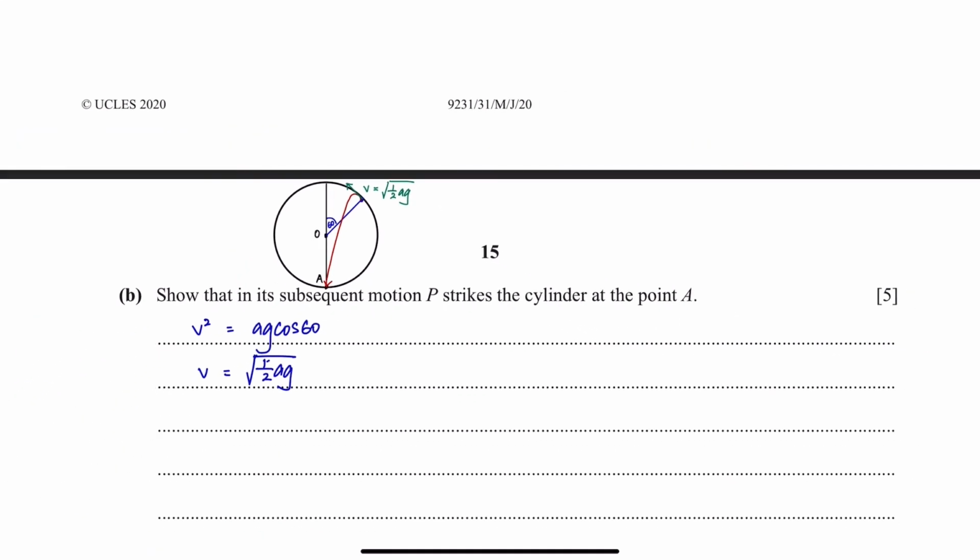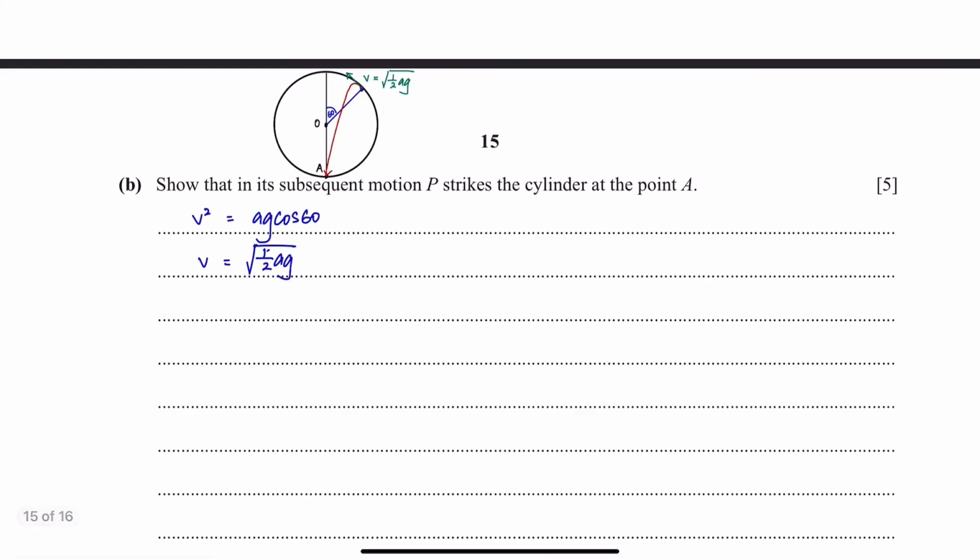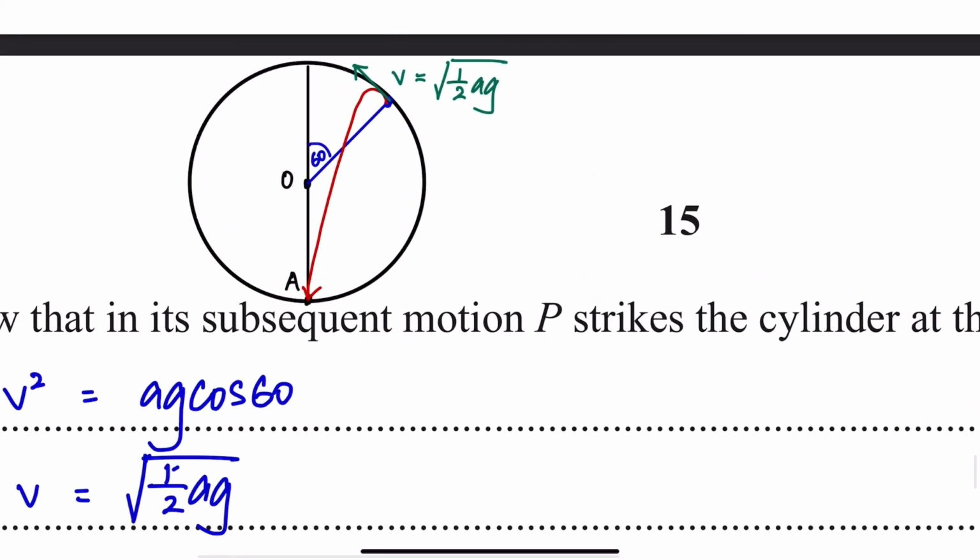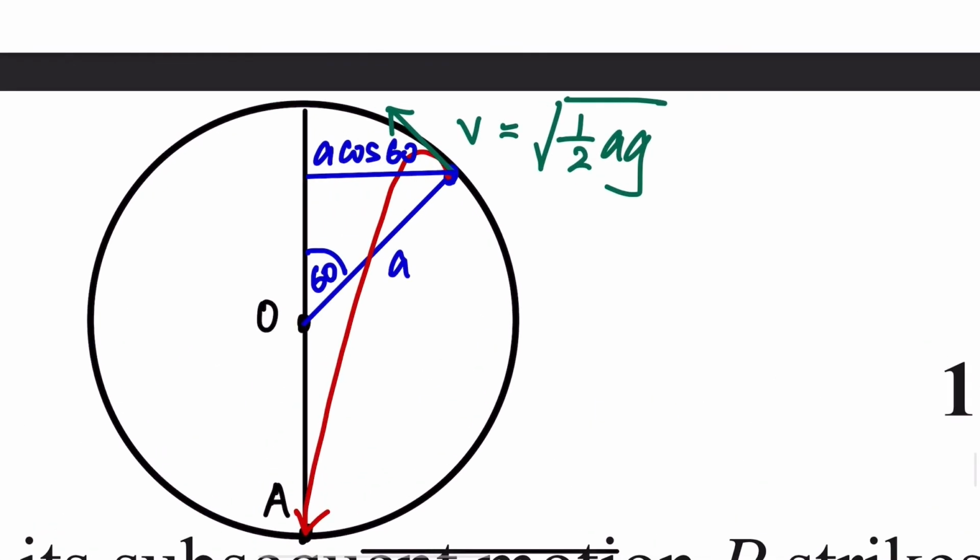So let's find the time first. We find the time needed for the particle to travel a distance of this, so this is A, this would be A cos 60. Sorry, A sine 60.